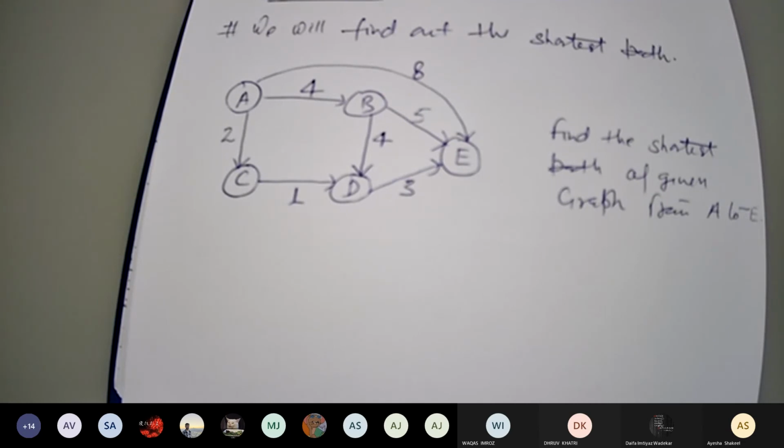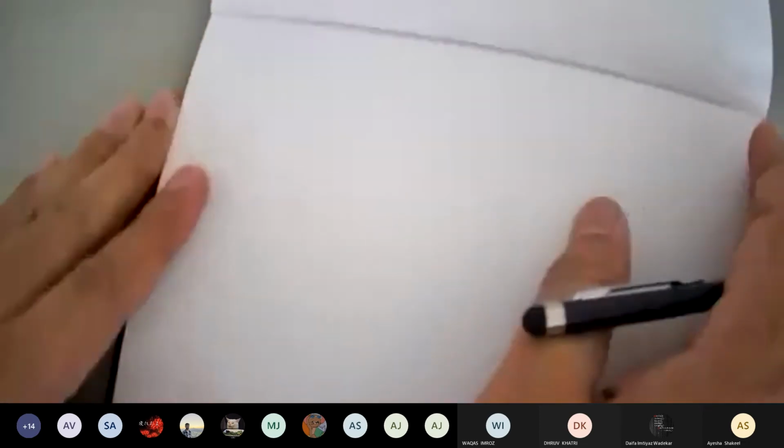Okay, so I will just write the algorithm so that you can find the shortest path, and for that we are writing the algorithm. For shortest path.